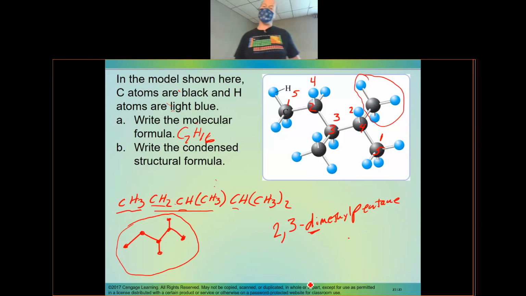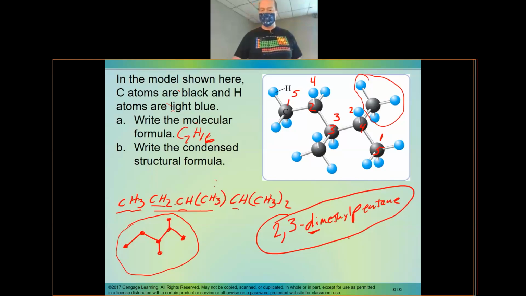So you have a 2,3 dimethyl pentane for the IUPAC name, the international name for that compound. So the longest carbon chain is your base name, and then the groups that are coming off have to have the smallest number possible.